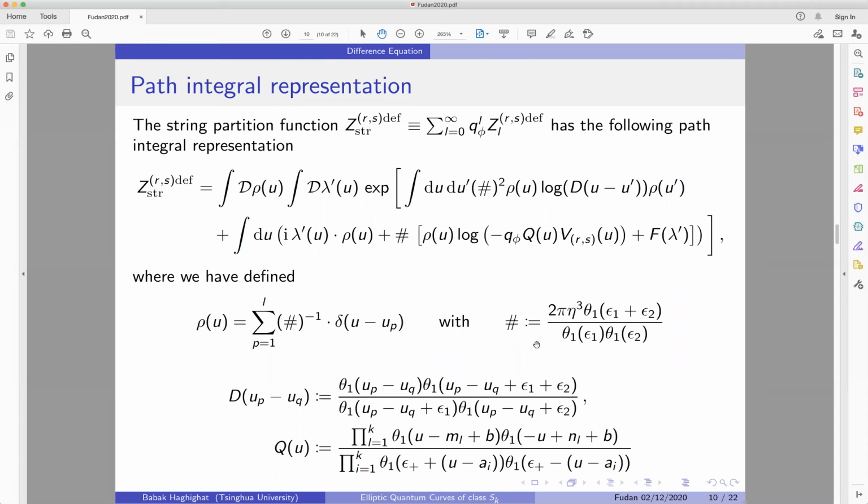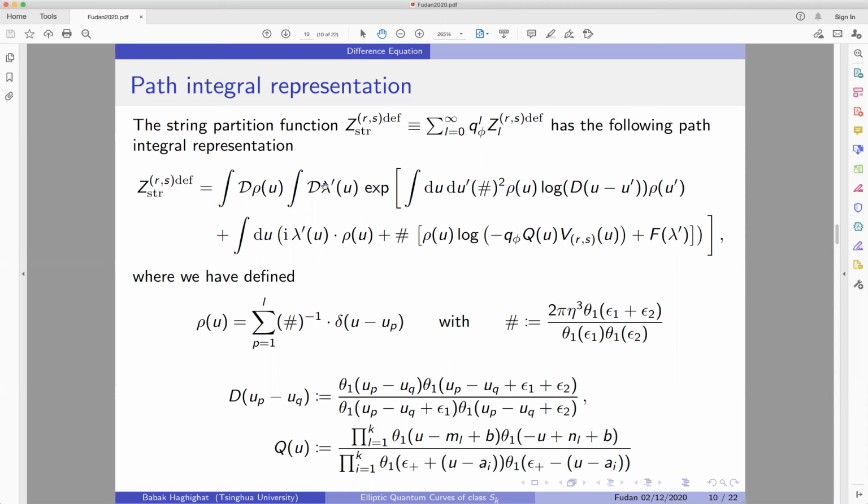If you plug this in and use these definitions, you will see that you get the original expression for the elliptic genus. It's just rewritten and now expressed as a path integral over these densities. You see that there is some convolution between these two densities, but effectively, if you plug everything in, you will just obtain the usual elliptic genus expression.